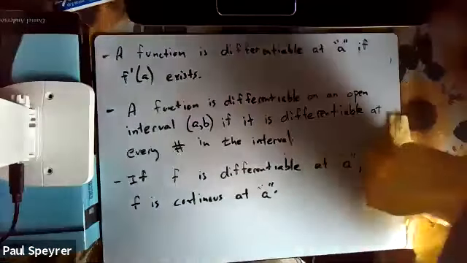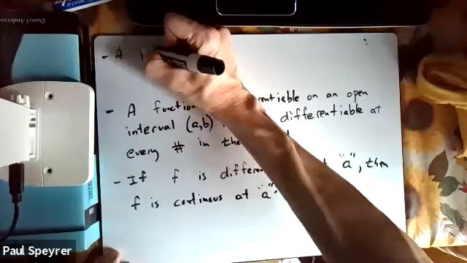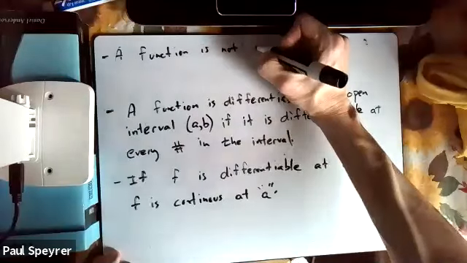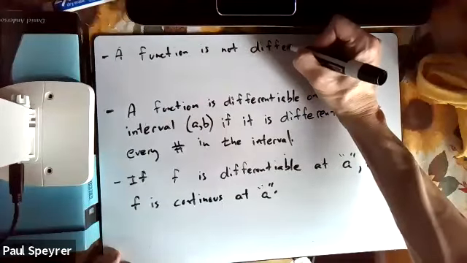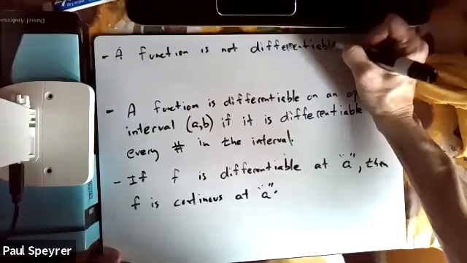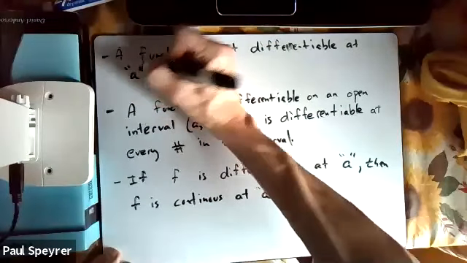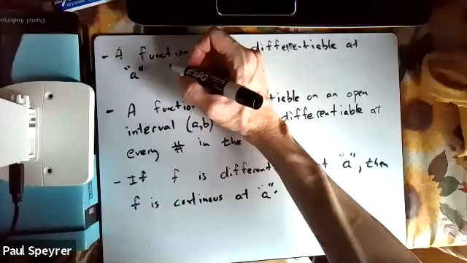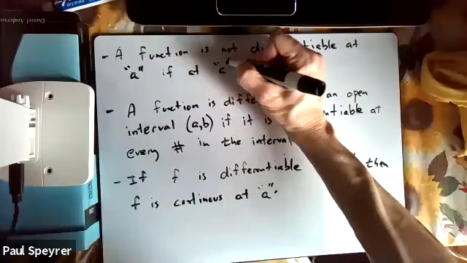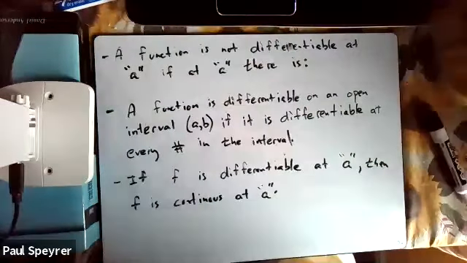So a function is not differentiable at a point if there is... three things. It's always three things.